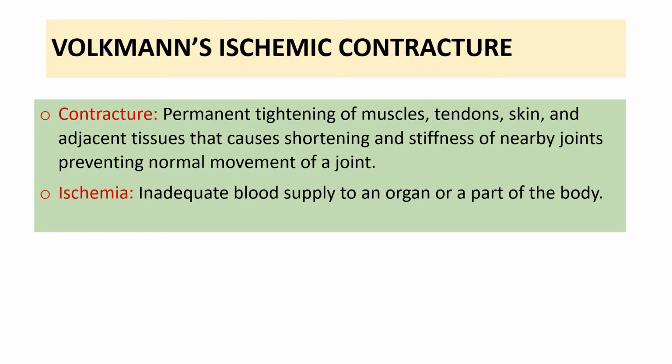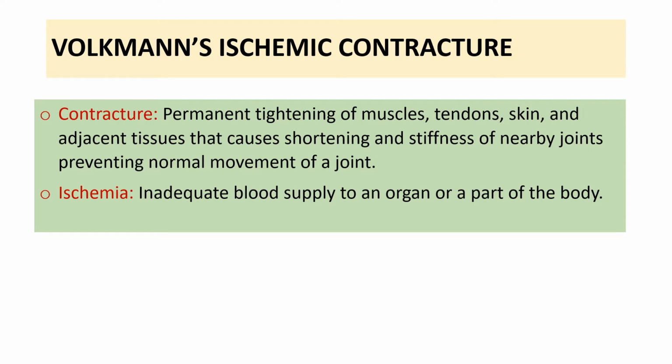So that is contracture. It's nothing but permanent tightening of the muscles, tendons, skin and adjacent tissues. This results in shortening and stiffness of the joints that are nearby, and it prevents normal movements of these joints. And then what is ischemia?